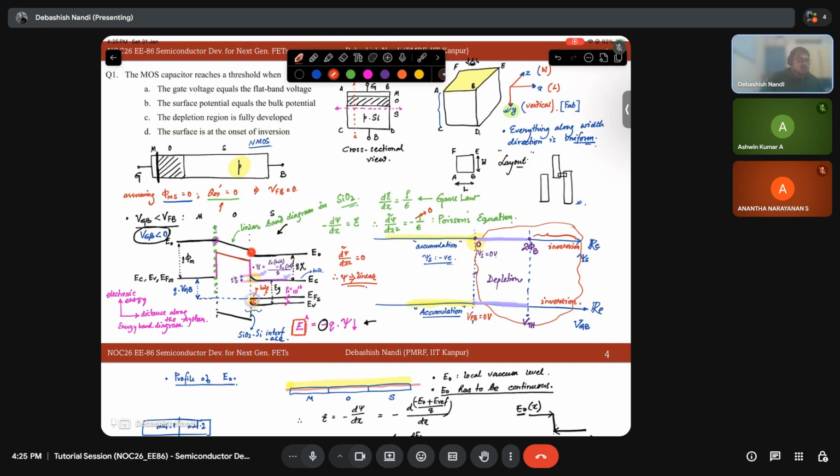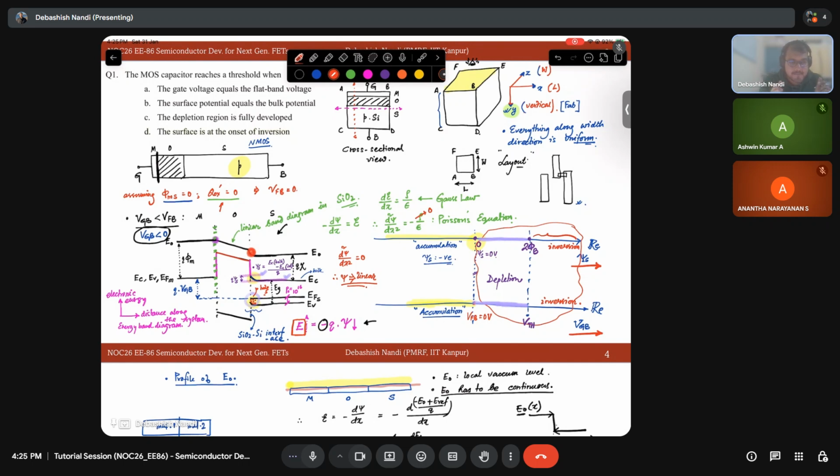Okay, so this is the surface potential real line and this is the VGB gate voltage real line. There are multiple further bifurcations of inversion as well: weak inversion, moderate inversion, strong inversion. But for the time being, understand that only one junction is there, beyond which it is called inversion. Fine. So we have divided our regions of operation in the MOS capacitor into three regions: accumulation, depletion, and inversion. I hope this much is clear, right?